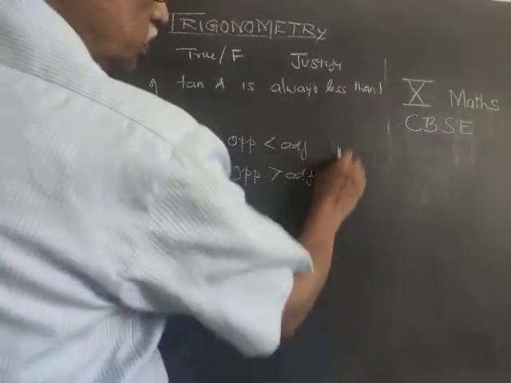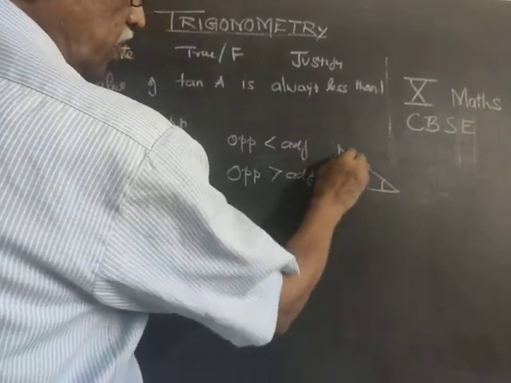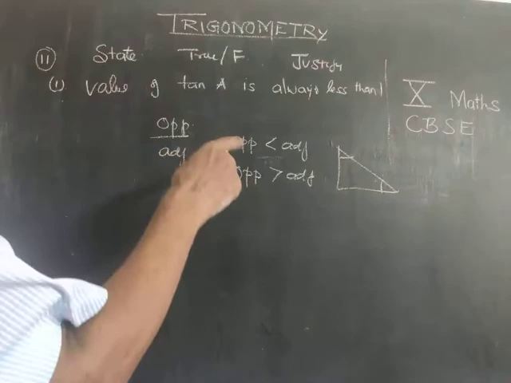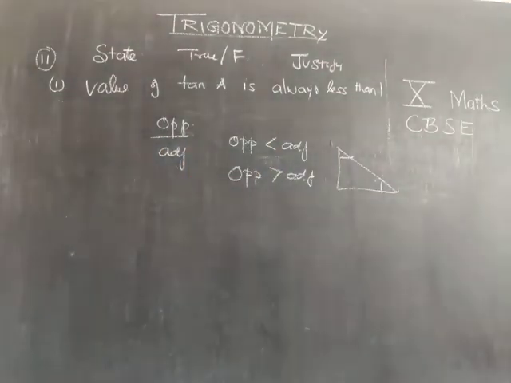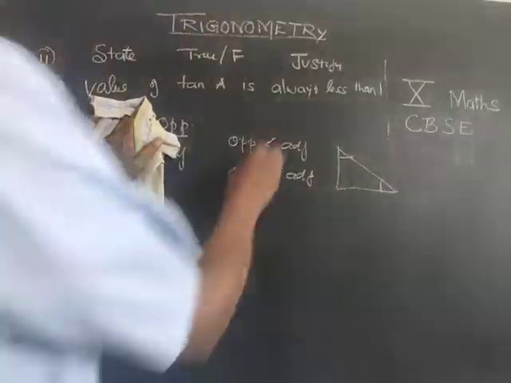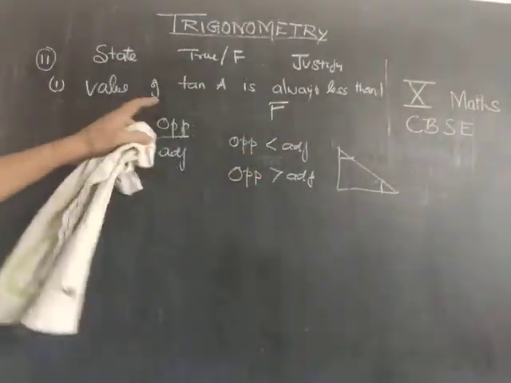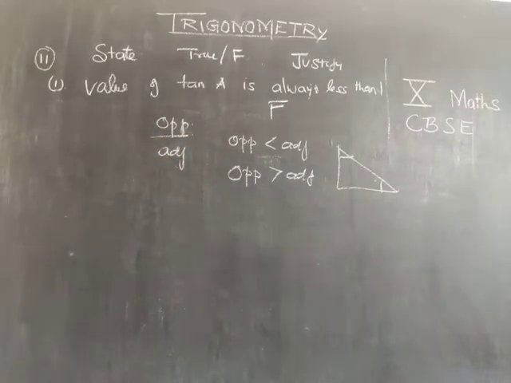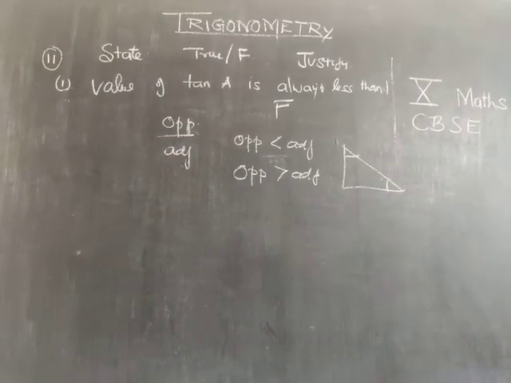In the case of 45 degrees, it will be equal. So it is equal to 1, more than 1, or less than 1. So always less than 1 is not correct. So this is false. You write: opposite by adjacent, the opposite side need not be less than the adjacent side. That is the conclusion. So the exercise is completed.